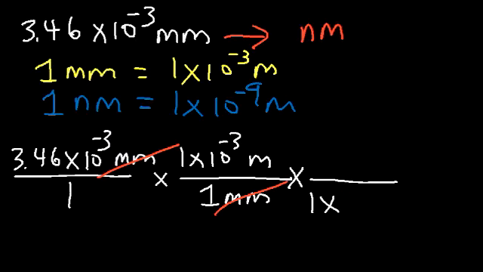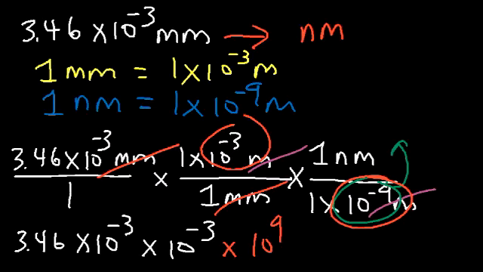And now let's see if we can get the answer. A property of exponents is, if I take this number and move it to the top, the negative 9 will become positive 9. So what I really have is 3.46 times 10 to the minus 3 times another 10 to the negative 3, which is this one. And if I move this to the top, it's going to be times 10 to the 9. So all I really need to do is worry about the exponents. When you multiply bases, you can add the exponents.